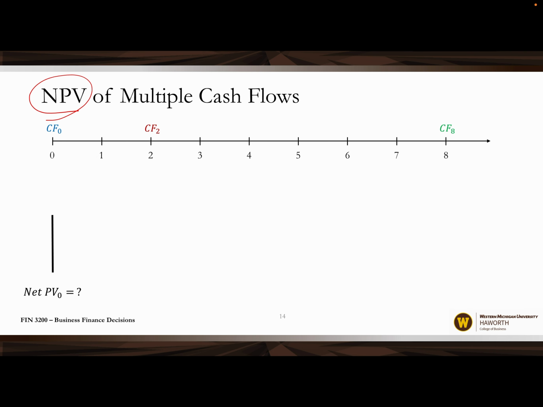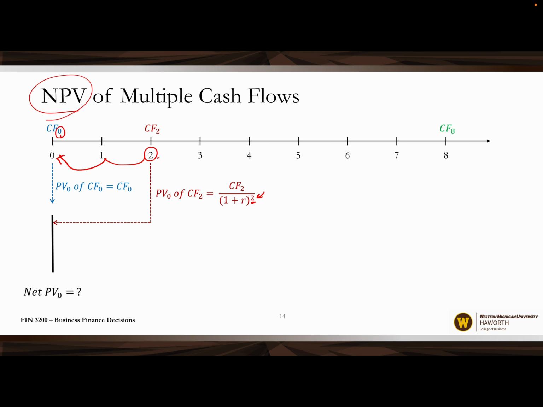So PV as of time 0, for the blue cash flow, it's already at time 0, right? So there's no conversion necessary. But for cash flow 2, this one occurs at time 2, so you want to discount it back to time 0, discount it back twice. And that's why N is 2 here.